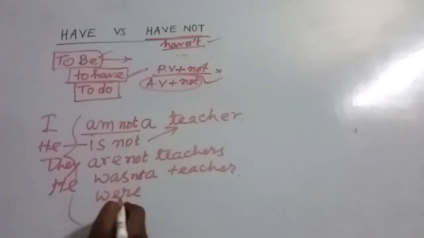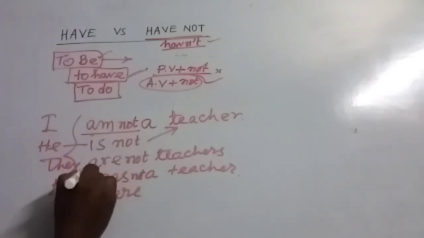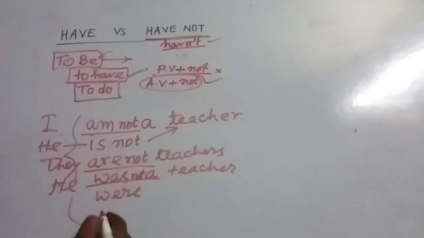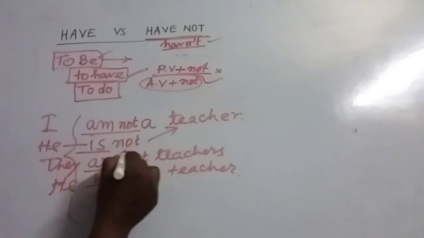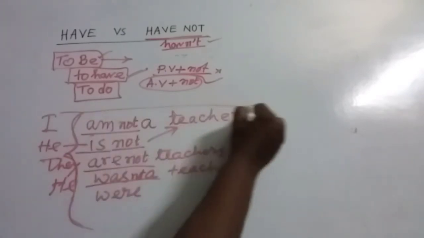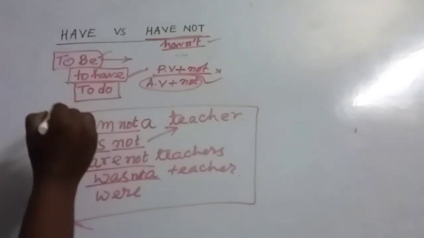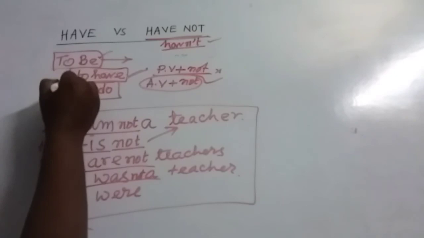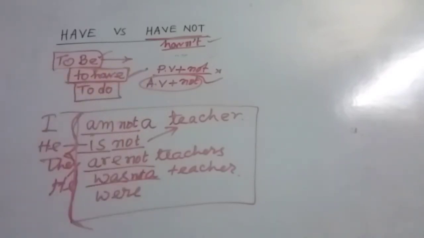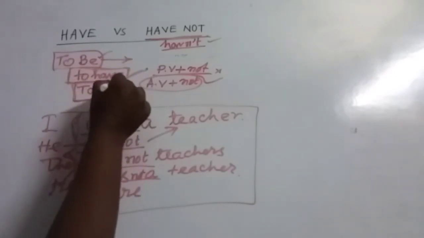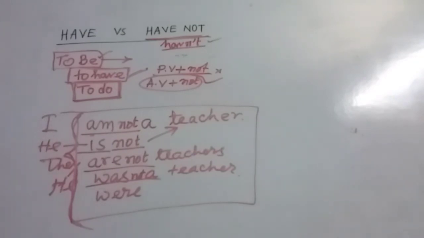You can write they were not teachers. My dear friends, for these be verbs only, we can use not with it. This is the principal verb here. Even though we are using not with it, these are the exceptions. But in case of possession, we cannot use it, or even in case of dynamic verb, we cannot use it.